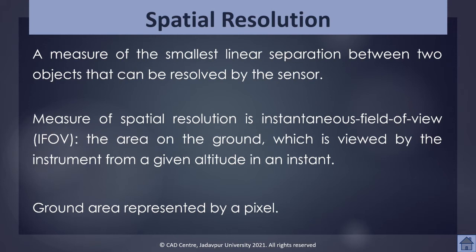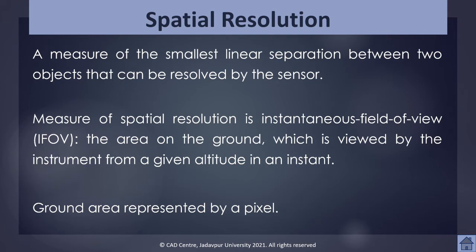To make the IFOV more specific, that is with geometric projection, it is also referred to as instantaneous geometric field of view. The information within an IFOV is presented by a picture element in the image plane, usually referred to as a pixel.